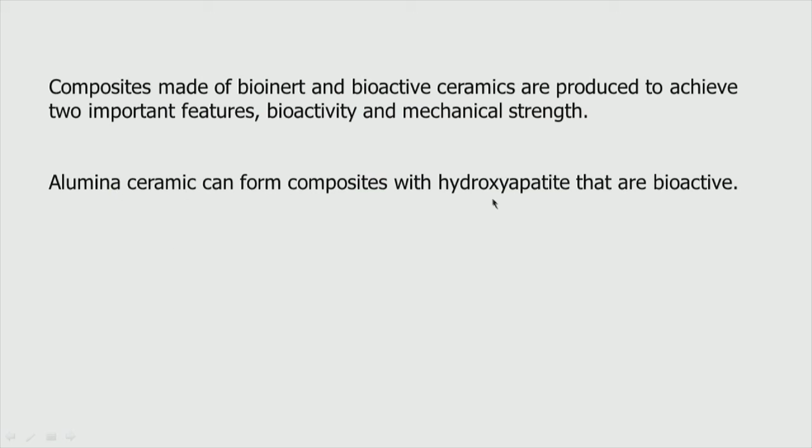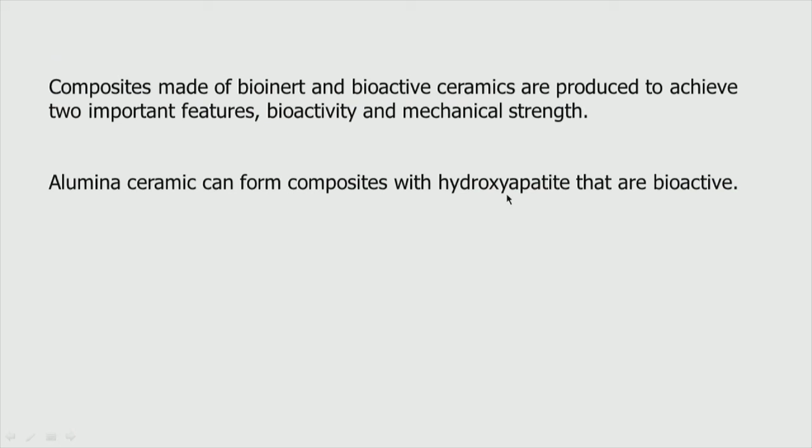So, alumina ceramics are used with hydroxyapatite. Hydroxyapatite may have poor mechanical properties, alumina may have better properties, whereas hydroxyapatite is bioactive. So, we can combine these two properties to form composites. Of course, we can even think of coating metals with hydroxyapatite or bioglass, so that you get good osseointegration and bioactive property compared to the metals.